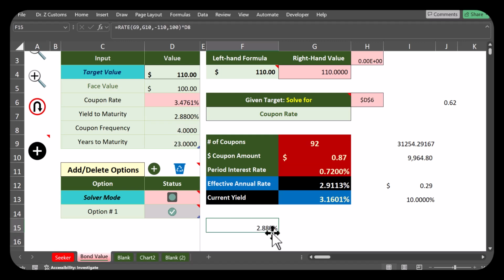Let me see. That shouldn't have been the number. Oh, did I not use the right yield to maturity rate? Yeah, it does need to be 2.88%.